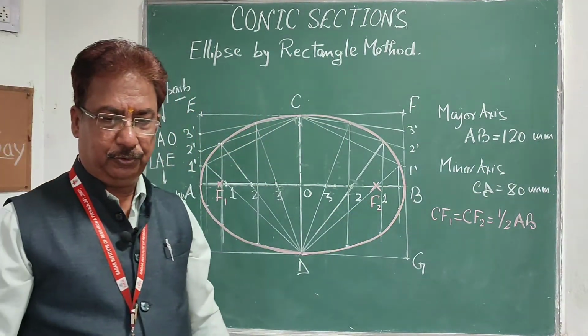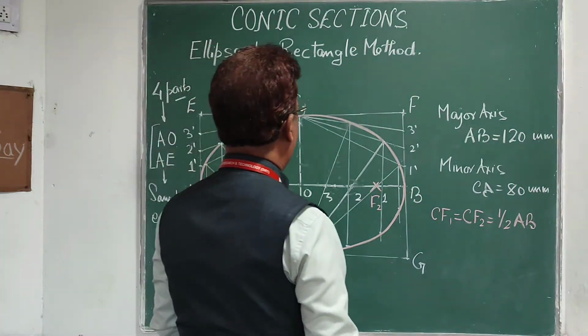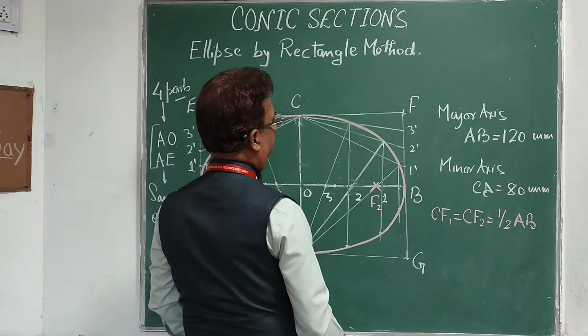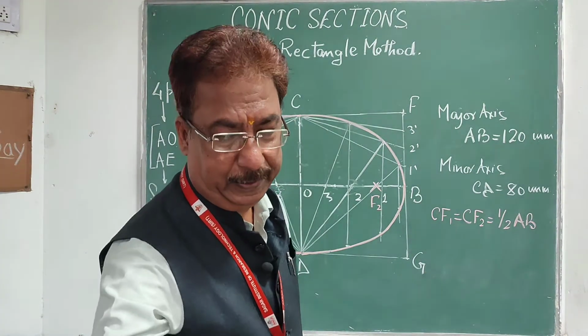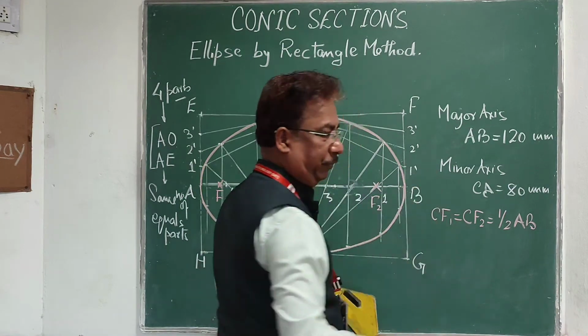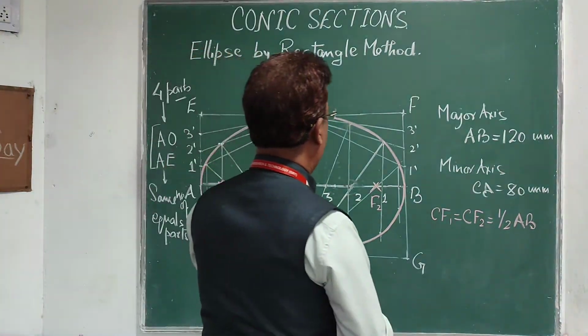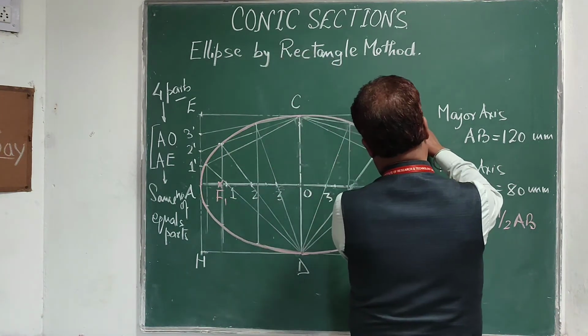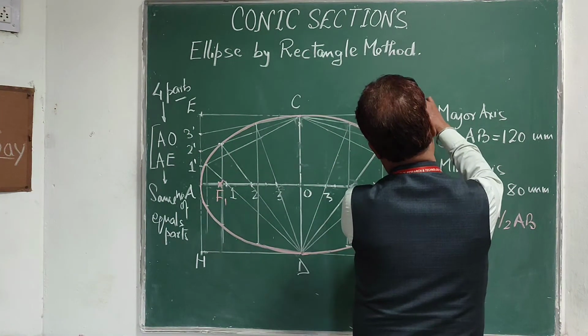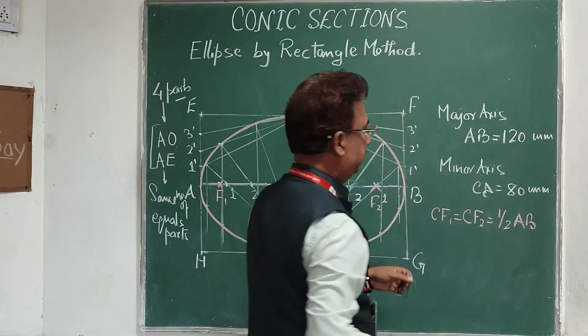Now if we want to draw a tangent and normal, suppose this time I want to draw a tangent and a normal on a point which is 20 mm from the major axis. So 20 mm from the major axis, initially I will mark a point at 20 mm from the major axis on this line. This is 40 mm, so the midpoint of that.